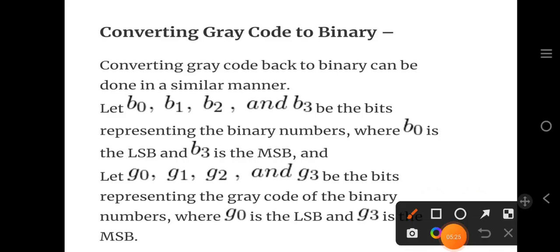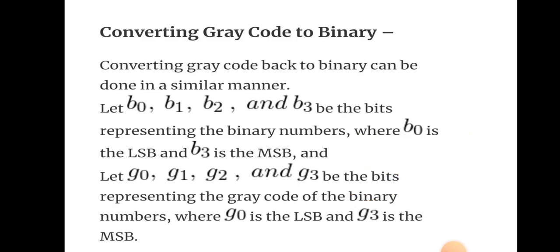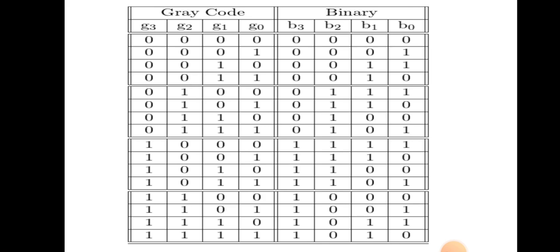So similar to the above bits, we write G3, then G2, then G1 and then G0, where G3 is the most significant bit and G0 is the least significant bit. Now the truth table.